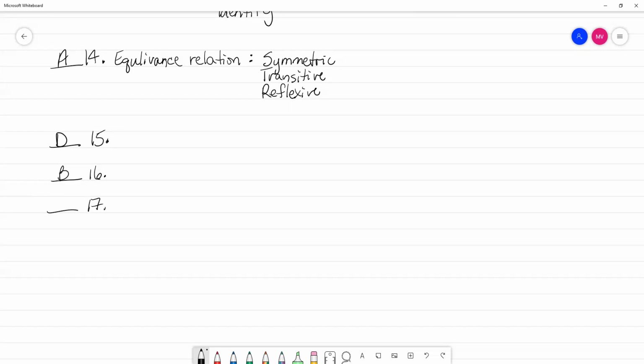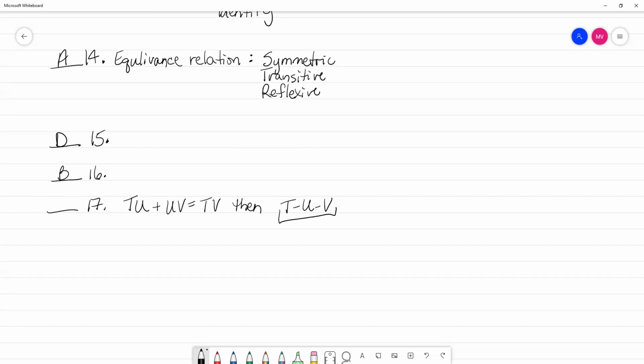Number 17: if TU plus UV equals TV, then T-U-V. Is that the definition of congruence? Between. Between, very good. Don't forget between.